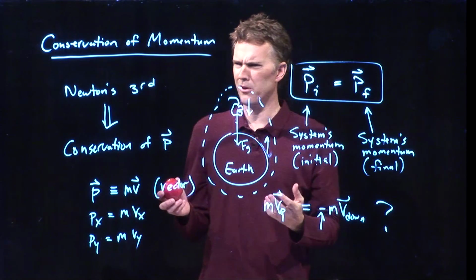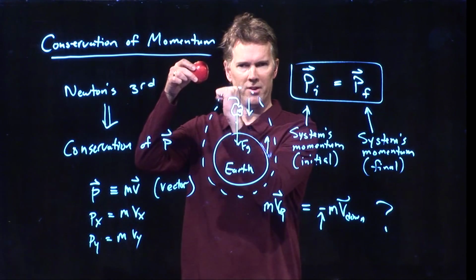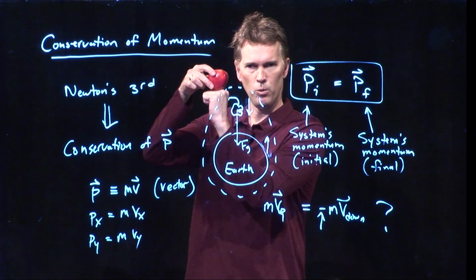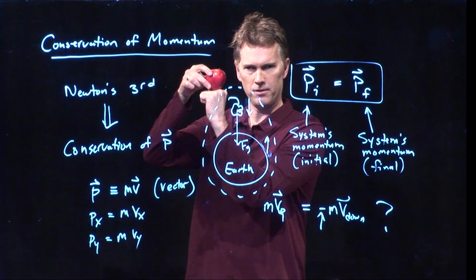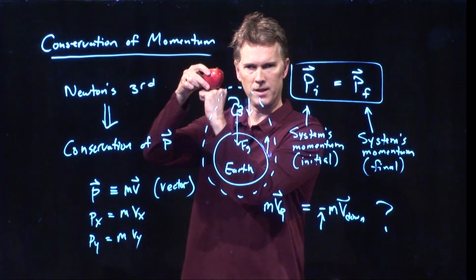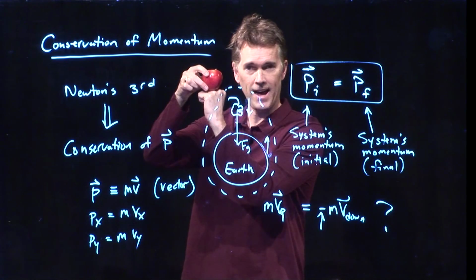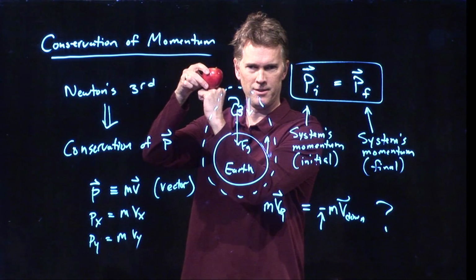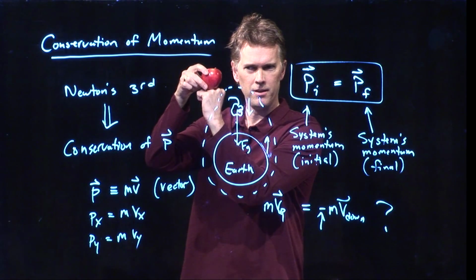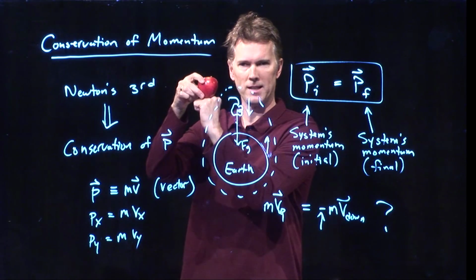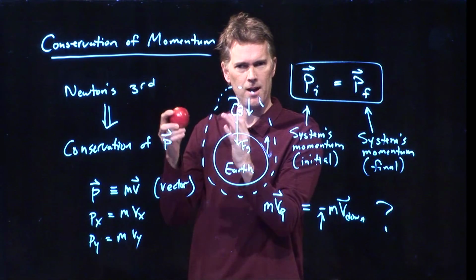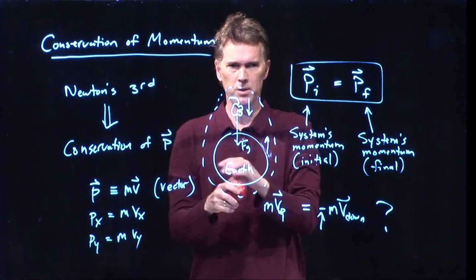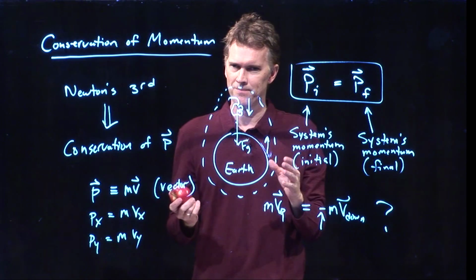And so this is really weird to think about, right? But if my fist is the Earth and here's the apple, what they do when I toss it is this. And then I catch it again. That's what happens, which is kind of weird to think about. It goes like this, and then it comes back together, and then I catch it and everything comes to a stop. And the momentum of that whole system is 0 the whole time.